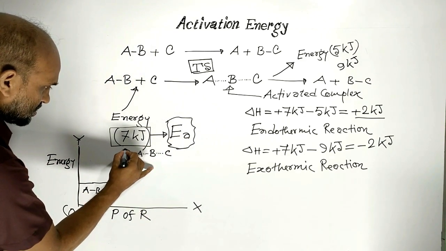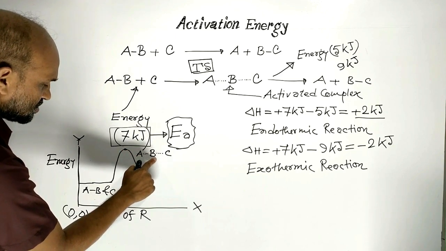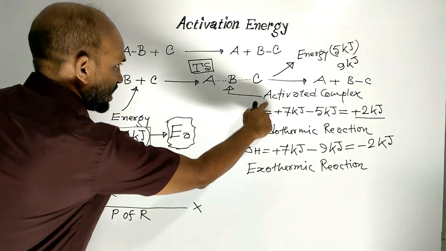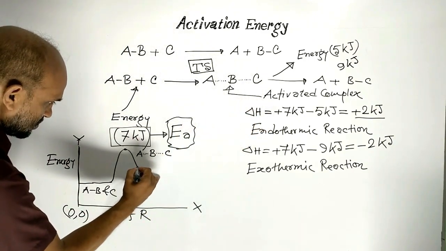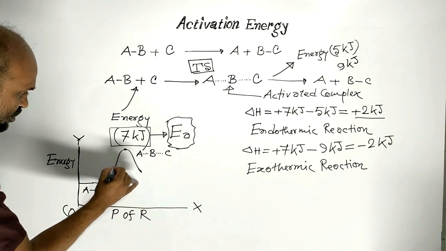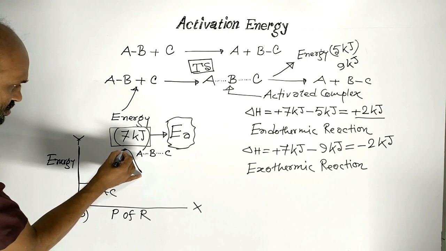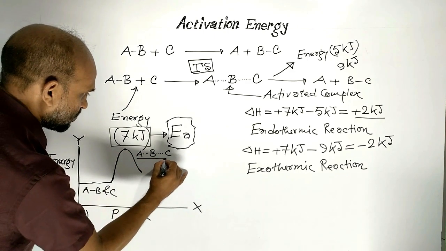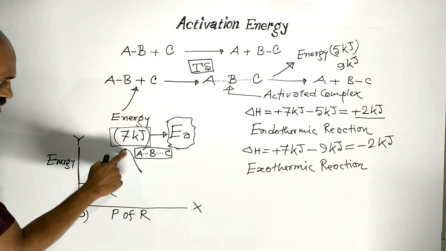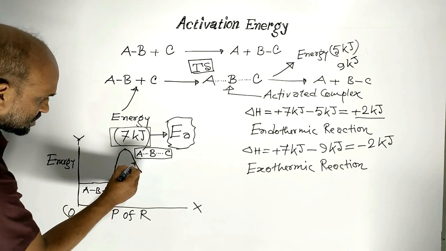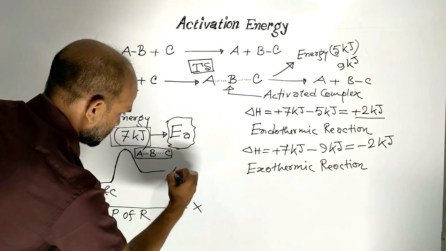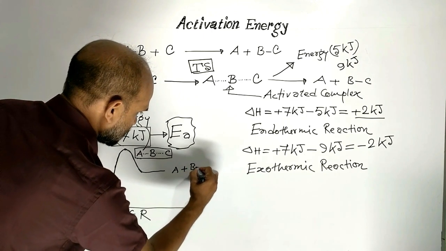This is state which is called transition state, and the state of compounds is known as activated complex. Now here the compounds absorb energy to be activated complex. Then the activated complex releases energy to form final products A plus BC.